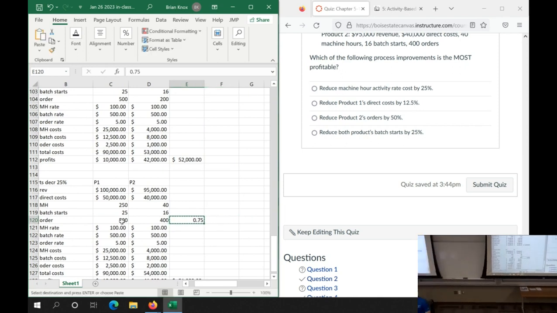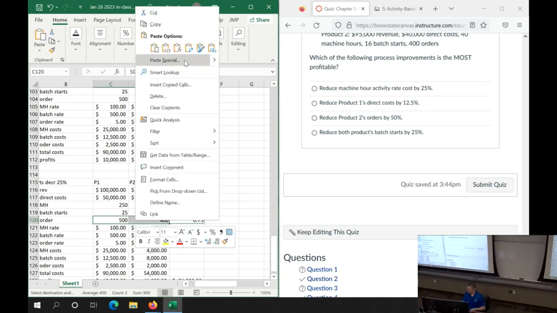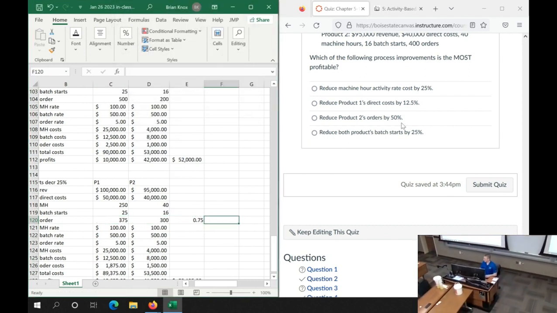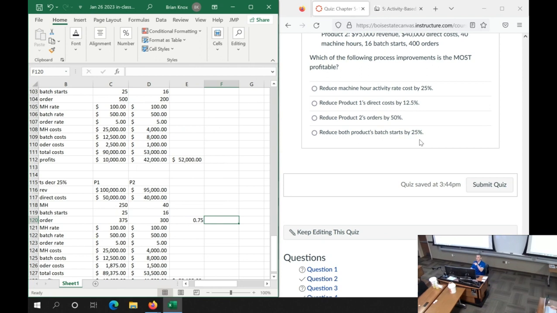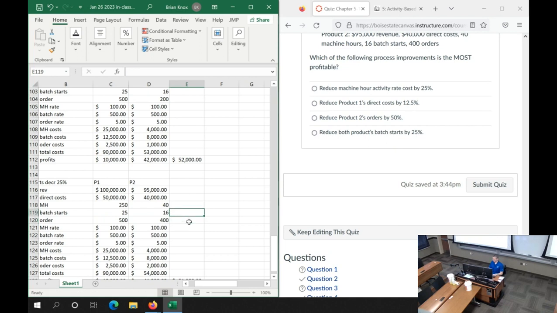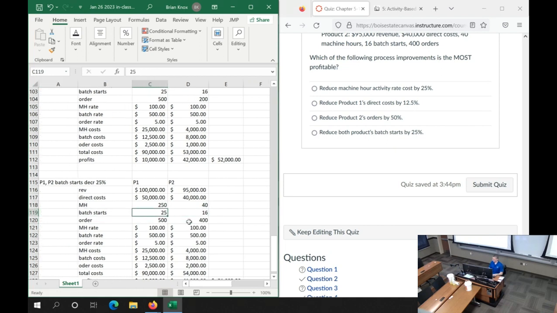I think it'll be more believable if I do it this way instead of doing it in my head. Okay, so if we reduce it by 25%, then yes? Ah, thank you. Yes. Okay. Reduce batch starts by 25%. Okay, there we go. Thanks.